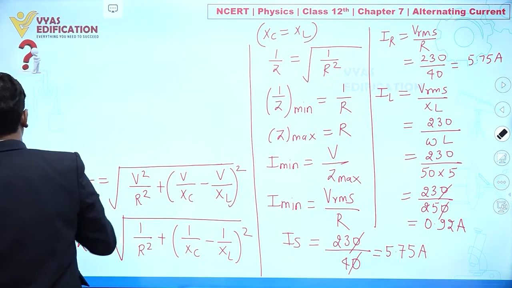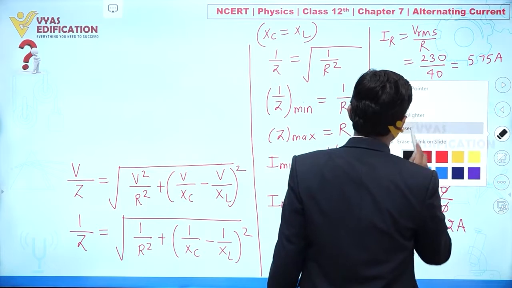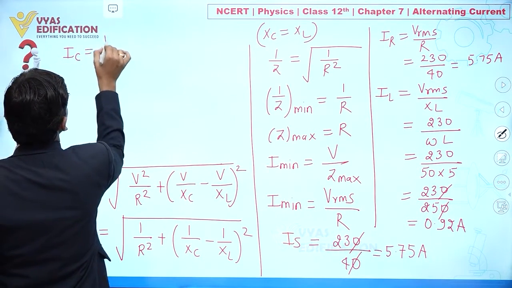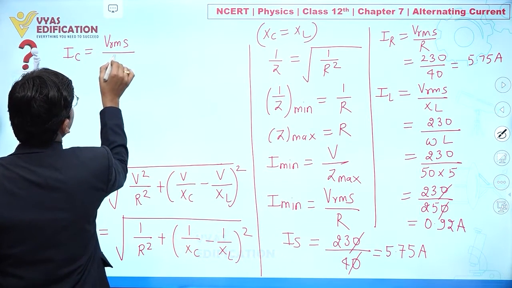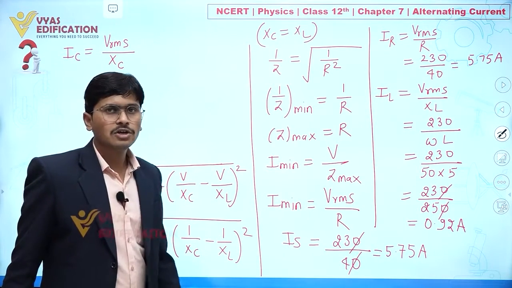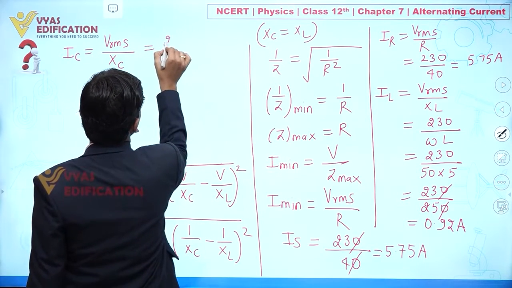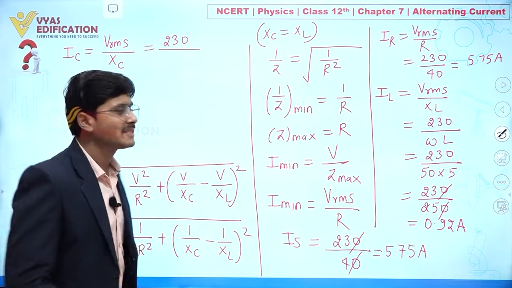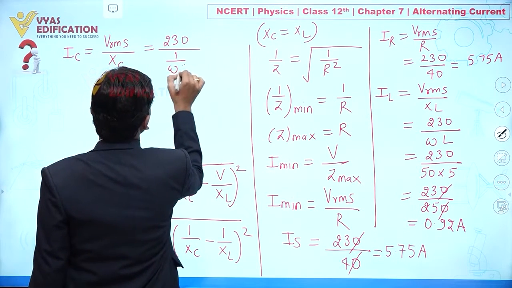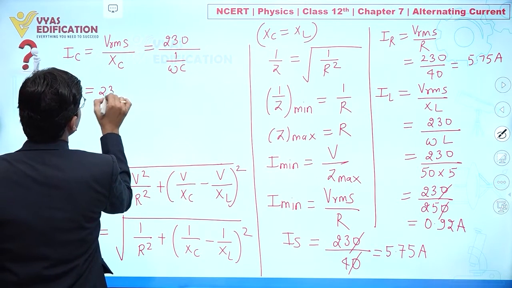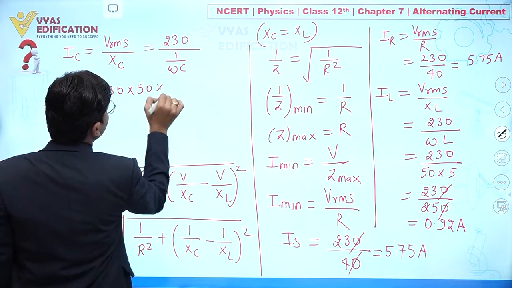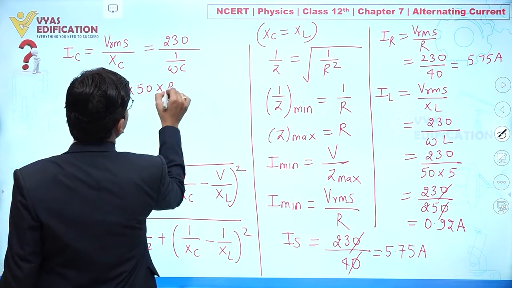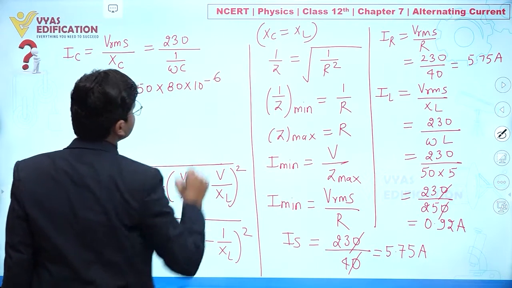The value of IC is given by Vrms divided by XC. So Vrms is 230 divided by XC, and XC is given by 1 upon omega C. So this is 230 into omega, which is 50, and C value is given as 80 microfarad, so 80 into 10 to the power minus 6.